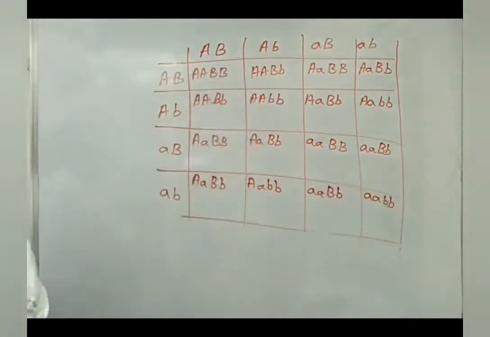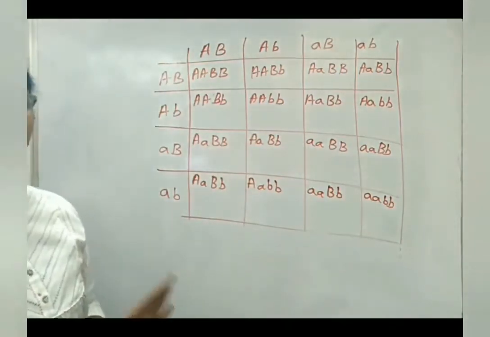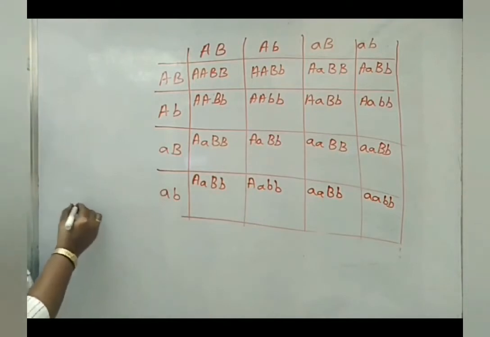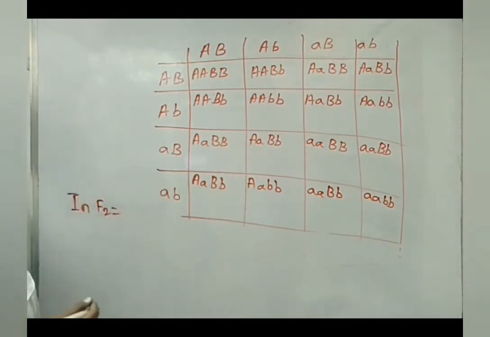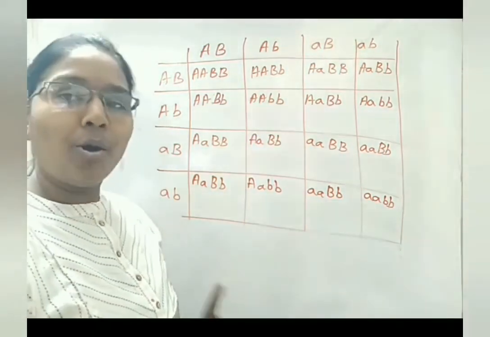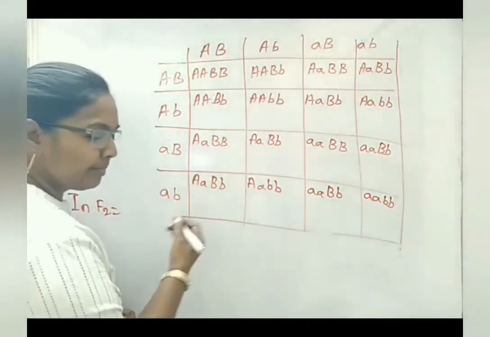Now here, based on the quantity, the color of the kernel is again getting changed. So in the F2 generation, how the color is going to be based on the quantity of dominant alleles, we will see here.